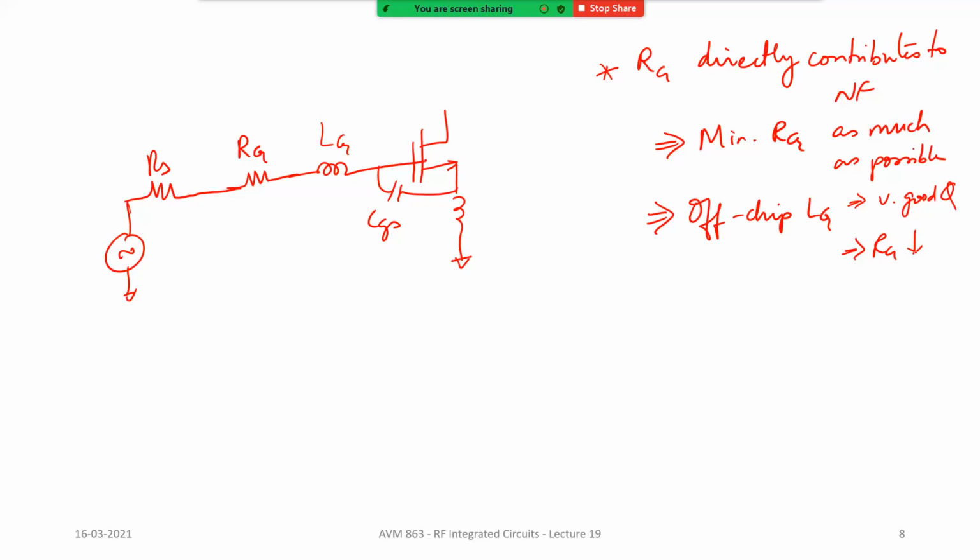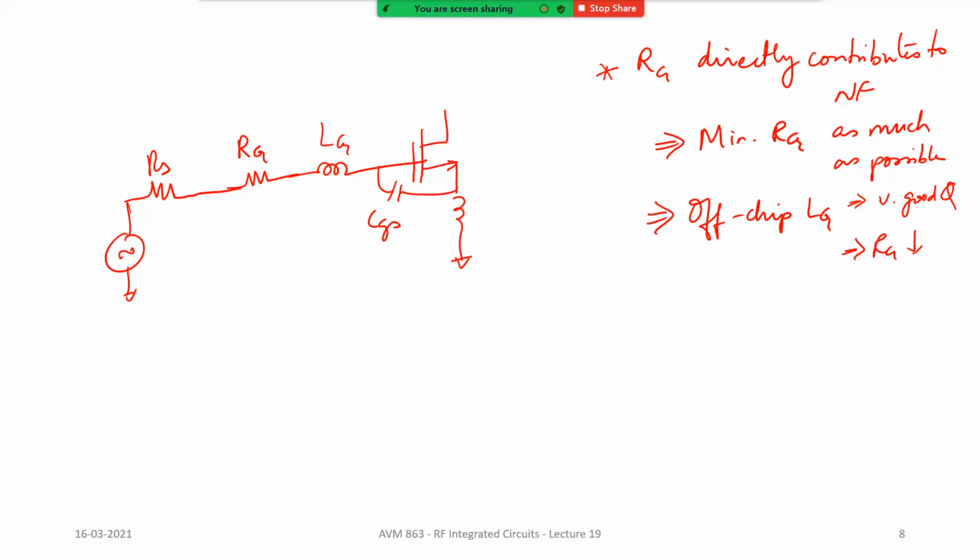Okay, and that is sometimes done, but many times what happens is that in many products you will see this LG being put off chip. Typically people don't like to do that because it increases your bill of materials.